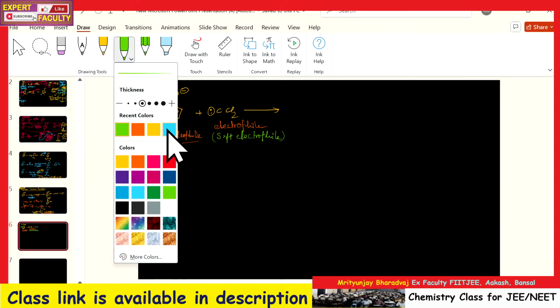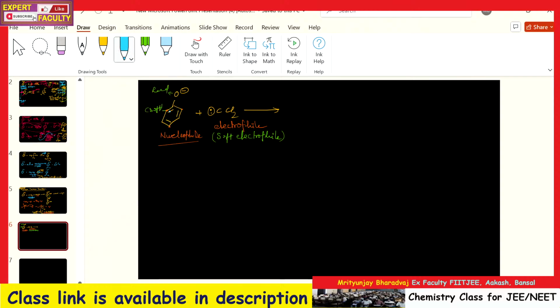What we are going to do, we will take nucleophilic attack from the benzene ring to the carbon. So what will happen? Let me take it from this ortho side. We can have attack from this ortho side also.